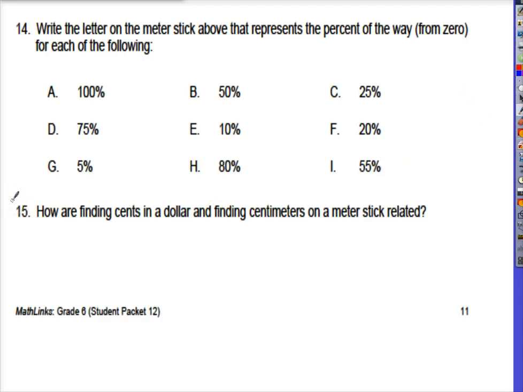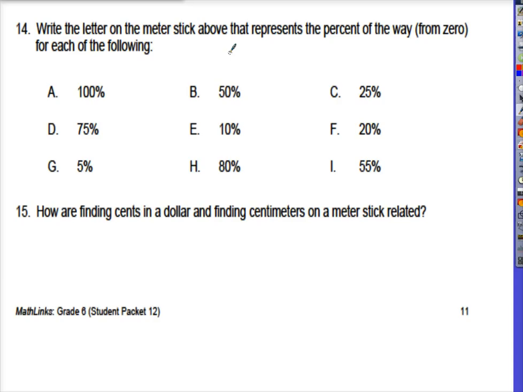So pause the video here, and I'm going to have you pause the video for about 8 minutes so you can talk about where you think these would go, because some of them might be a little challenging. And remember when we talked about benchmark fractions, or even with percents, 50% is halfway.